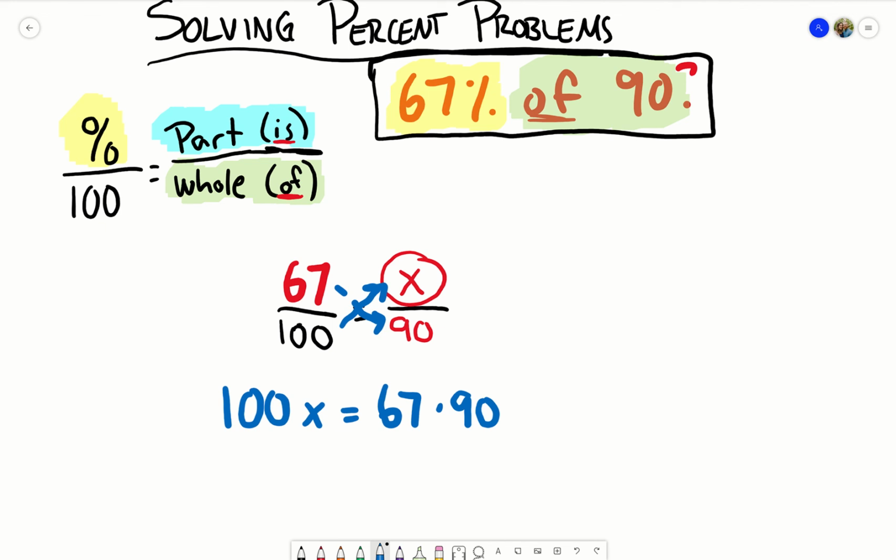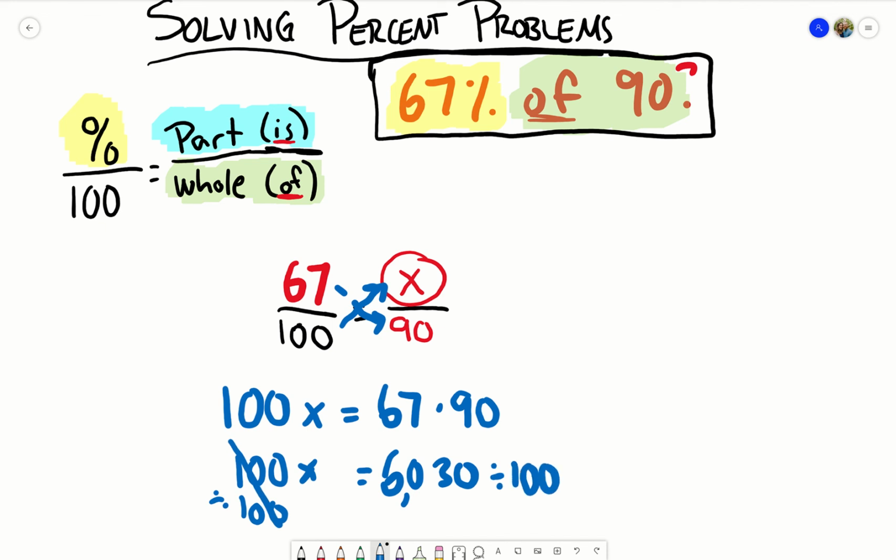Now, 67 times 90 is 6,030. Whoops, that's not where the decimal goes. 6,030 equals 100x. And if we want to get x all by itself, divide both sides by 100.